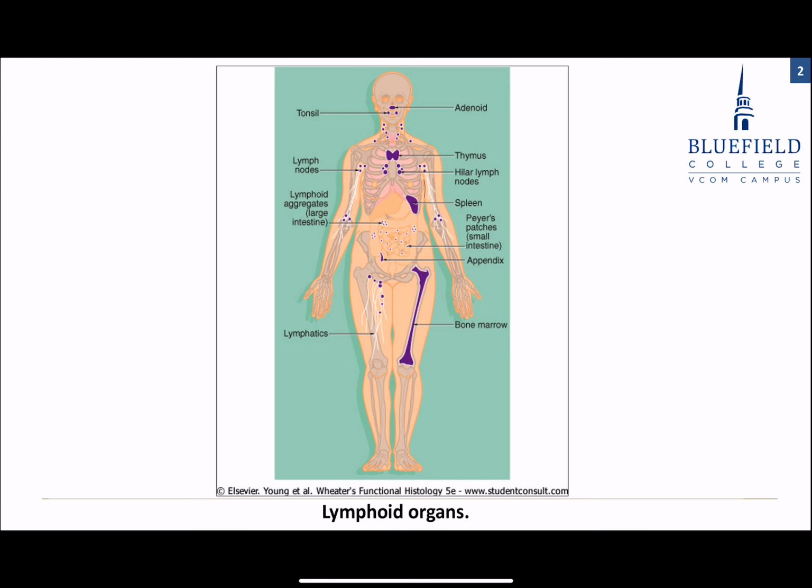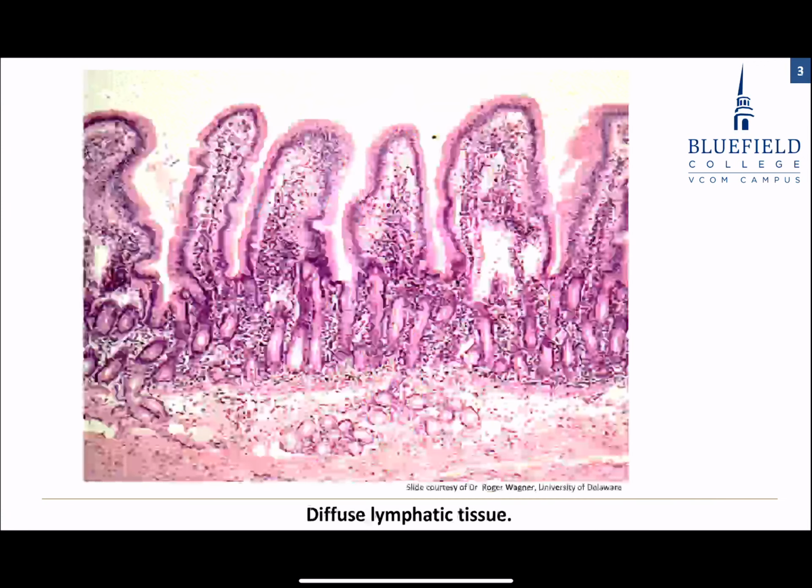Now, we'll start off with what we call diffuse lymphatic tissue. This is a slide that you can't appreciate just yet. And boy, it's pixelated, at least on that screen. Not as much up here, but still more pixelated than I would like. Basically, what we're looking at here, these finger-like projections, are villi of the small intestine. When you start looking at the small intestine, you're going to see a lot more little black dots in there. And of course, those black dots are nuclei.